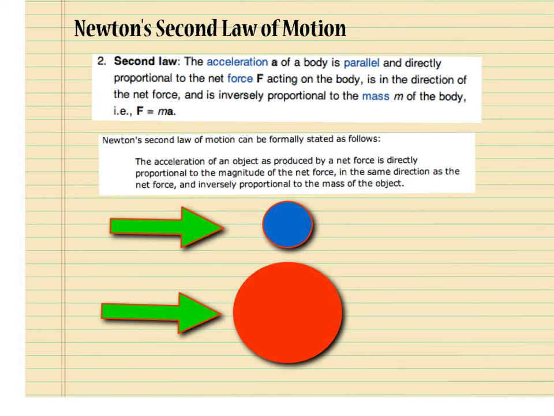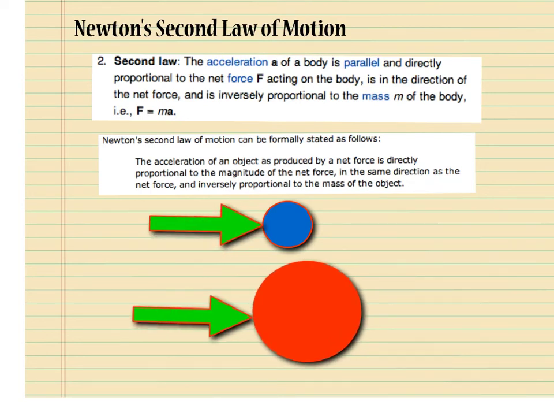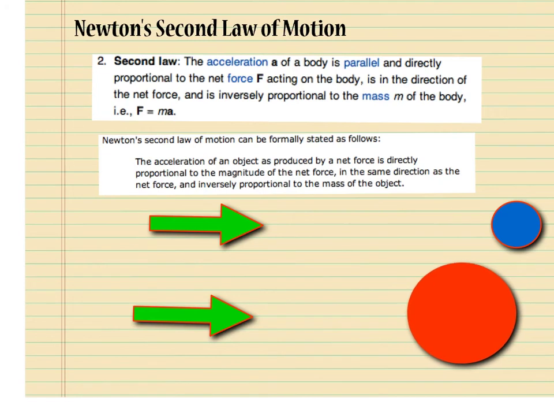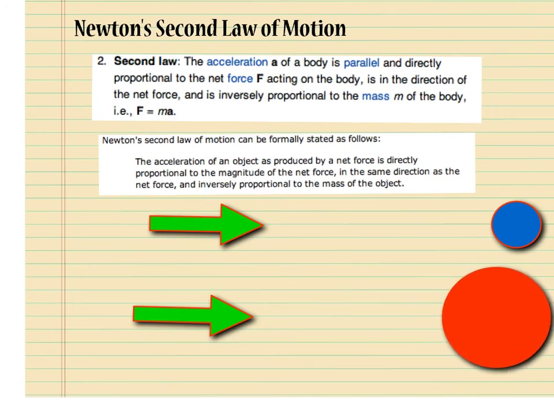If I'm pushing this blue ball with this force, and I'm pushing the red ball with the same force, this ball that has less mass will accelerate twice as much. And this ball that has twice the mass will accelerate half as much as the blue ball.